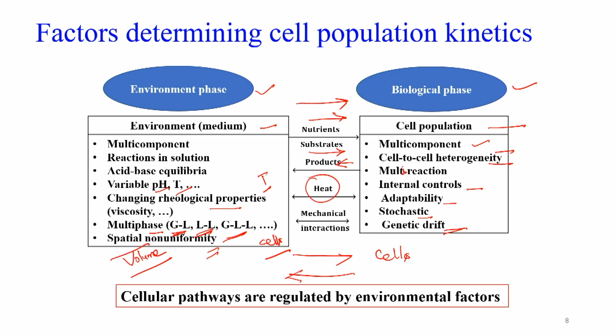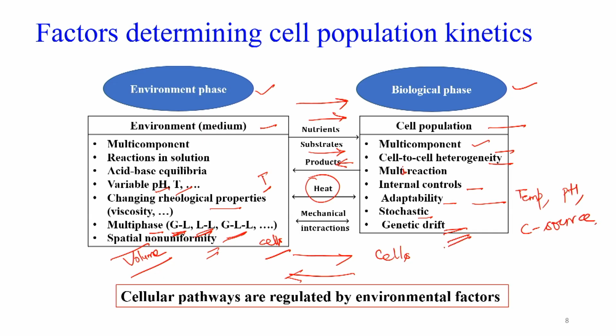Considering all these things, many independent chemical reactions occur simultaneously in each cell, and once there are multiple reactions, they are subject to a complex set of internal control. Depending on this internal control, a cell may be able to adapt to environmental fluctuations or a given environmental condition. It may be temperature, pH, or a different carbon source.